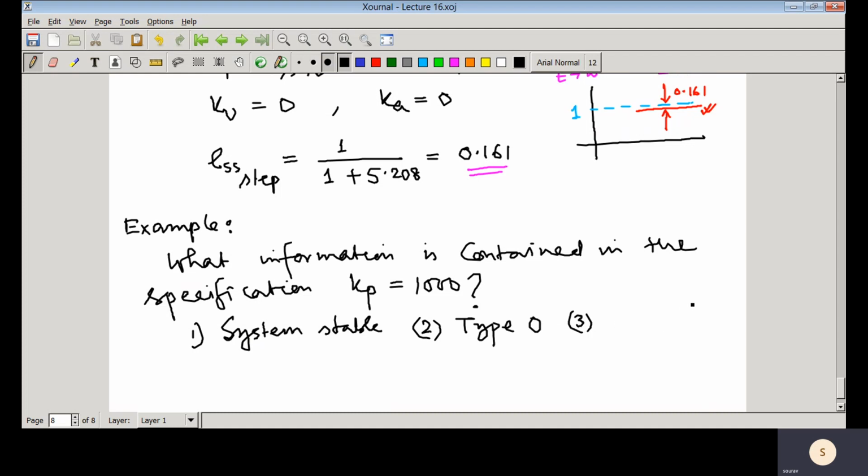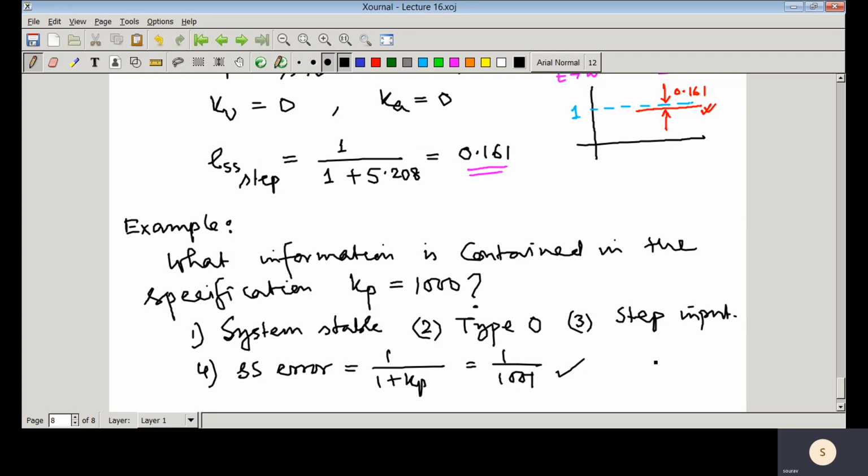And what is the test signal? The test signal is the step input, because this Kp is associated with the step signal. And then what is the steady state error? Steady state error equals 1 by 1 plus Kp, that means 1 by 1001.